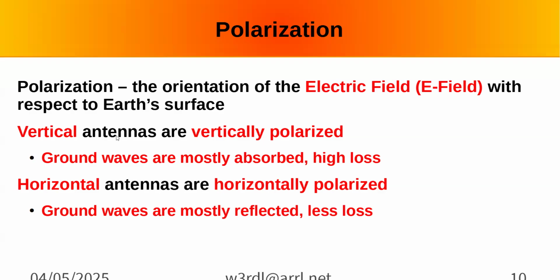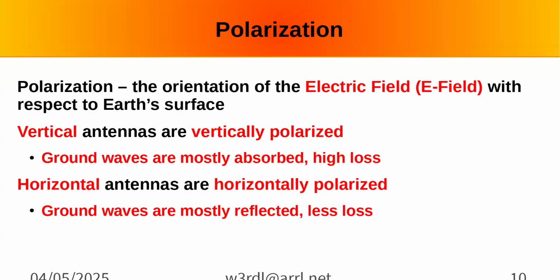When we talk about verticals, the standard vertical, a quarter wave, is vertically polarized. It can't really make use of what we call ground waves, where it's a reflection off of the Earth, because most of the energy that isn't reflected is absorbed because of the polarization.